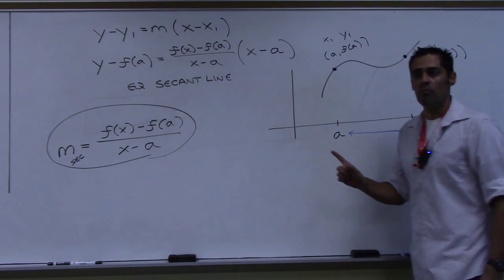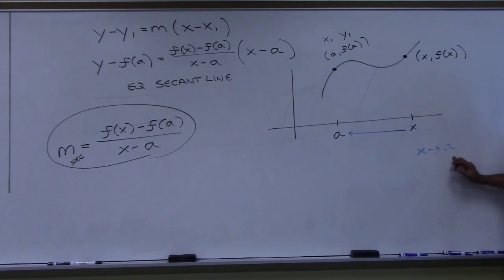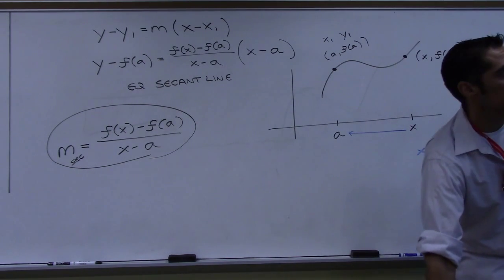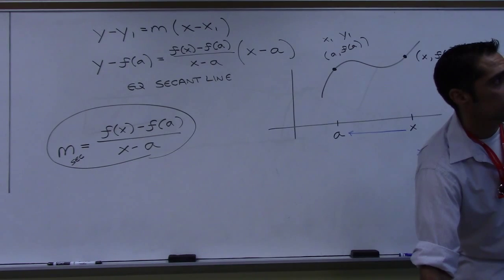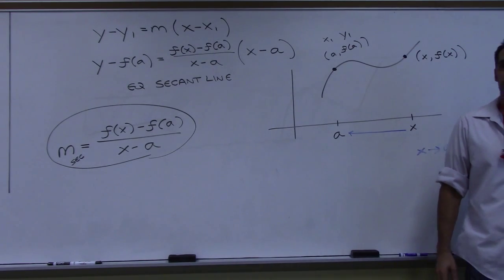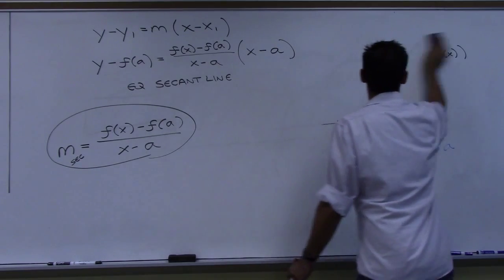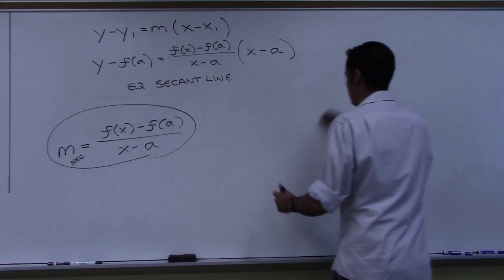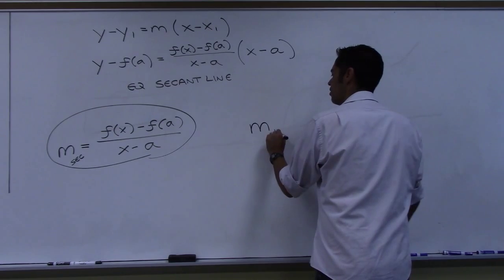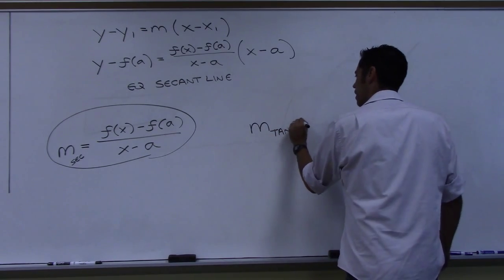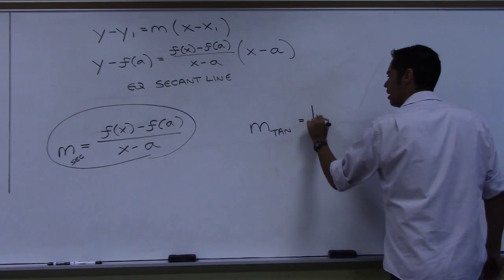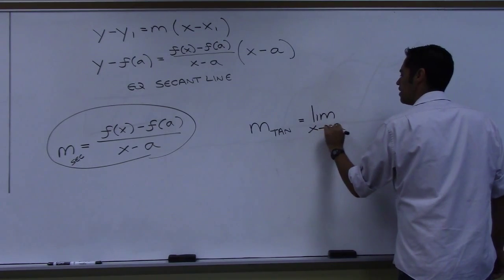It is what we get when we let x approach a. So you see that's the only difference between the two formulas? Is a limit in front? That's it. If I'm trying to define the tangent line slope, it'll just be that formula with this limit in front.